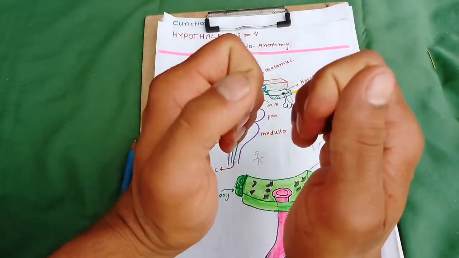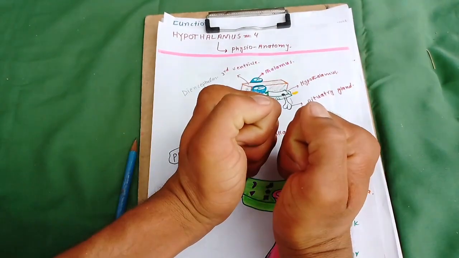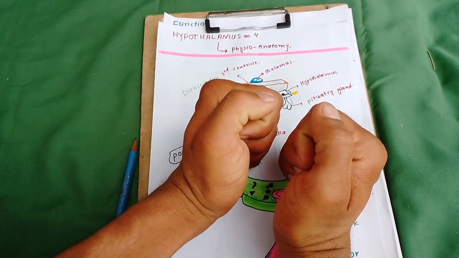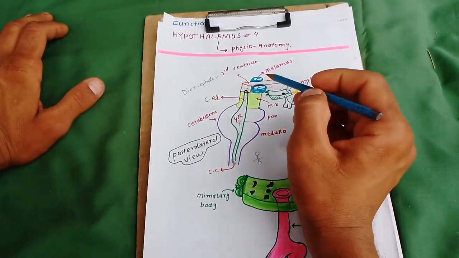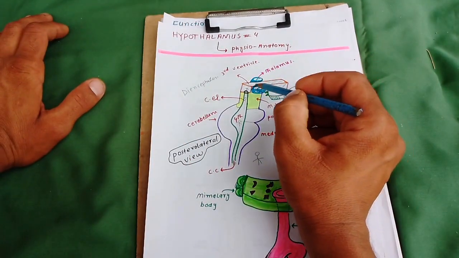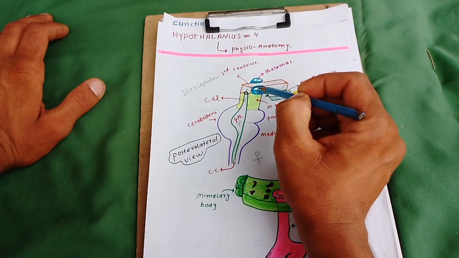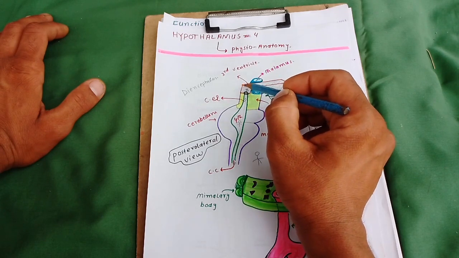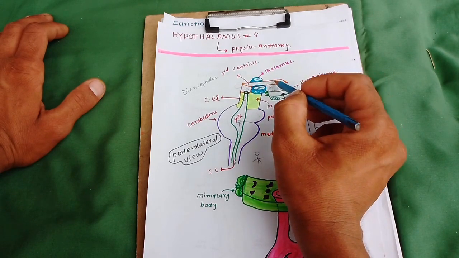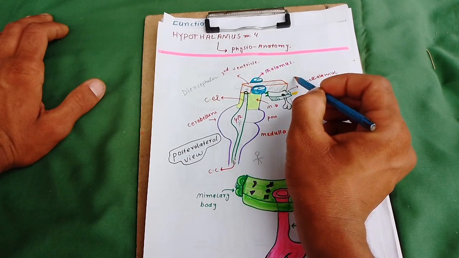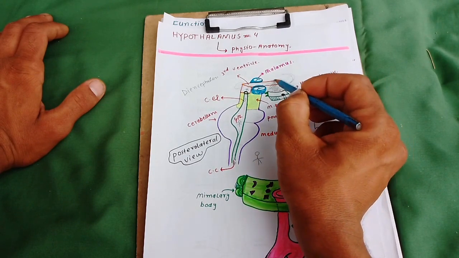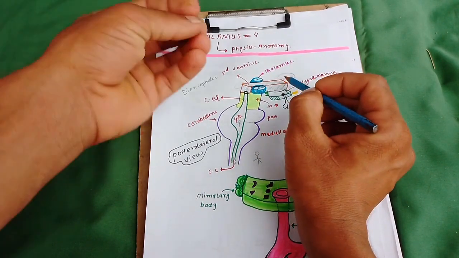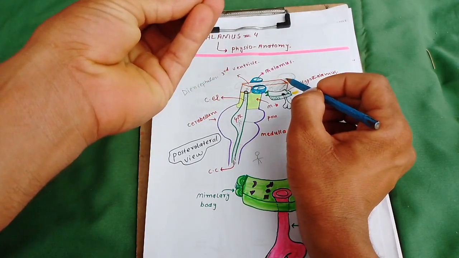So the third ventricle is occupied from the sides by the thalamus, and from the posterior side by some other structures. One of them is the pineal gland, and other structures. From the posterior side, this structure is covered by many other parts of the brain.